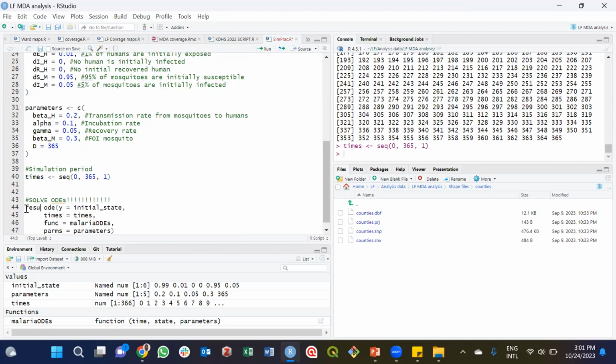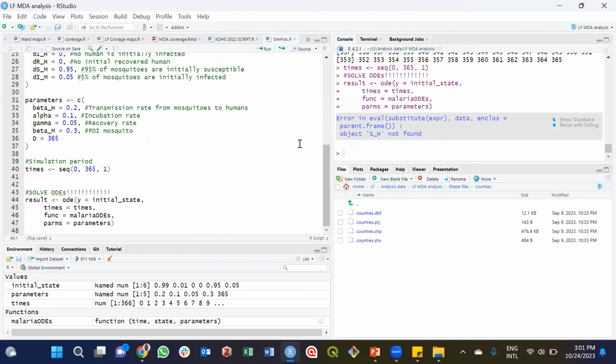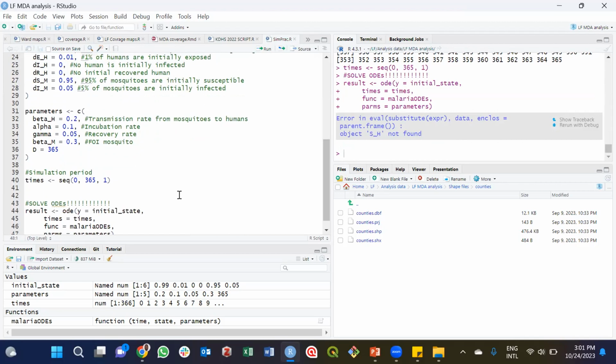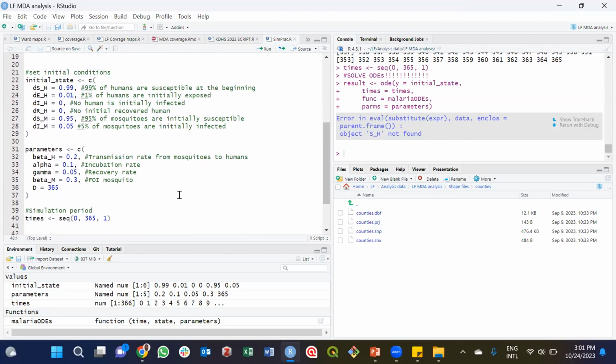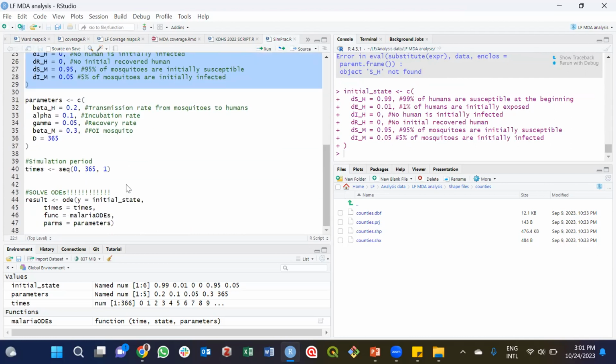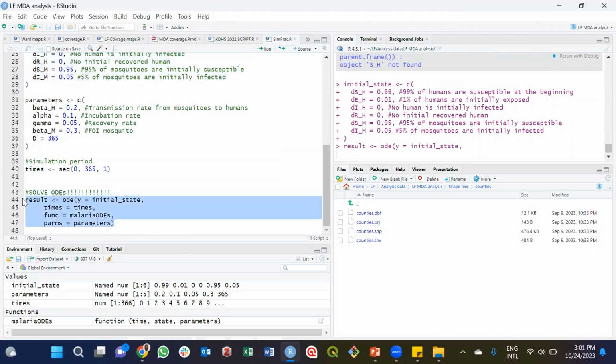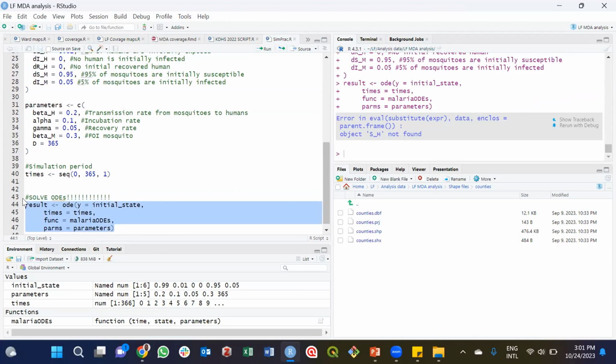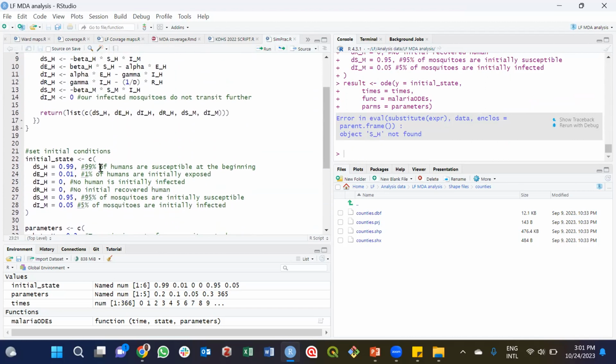So let's save it and see if we get something. It's saying S of H not found. So sometimes it says S of H not found.